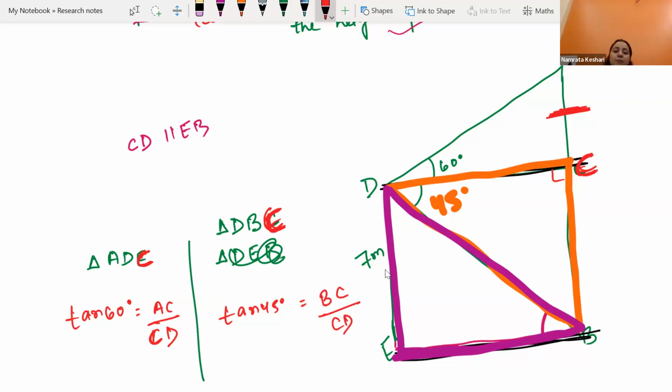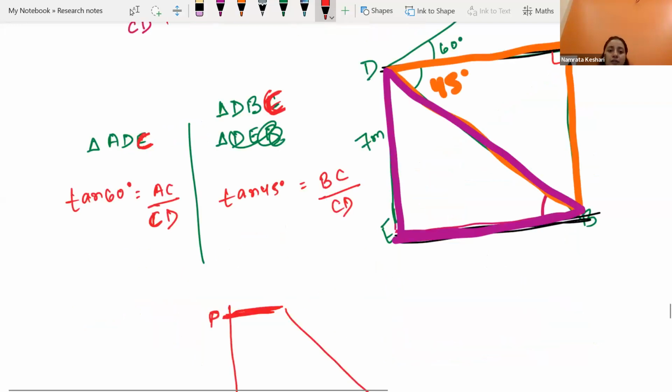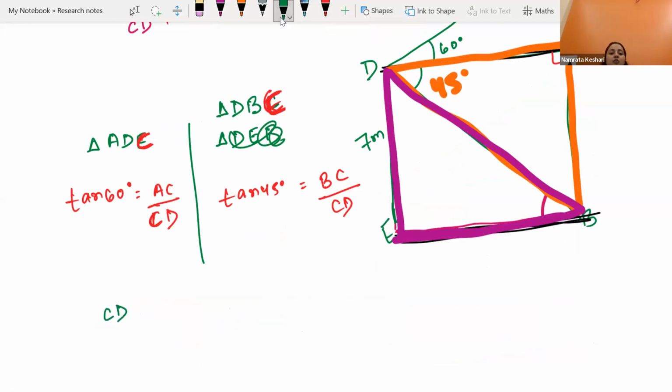CD. Now we can compare CD from both scenarios, right? This is CD. Tan 60 degree value is root 3, so AC by root 3. We don't know AC, and CD we also don't know. Here tan 45 degree is 1, BC.